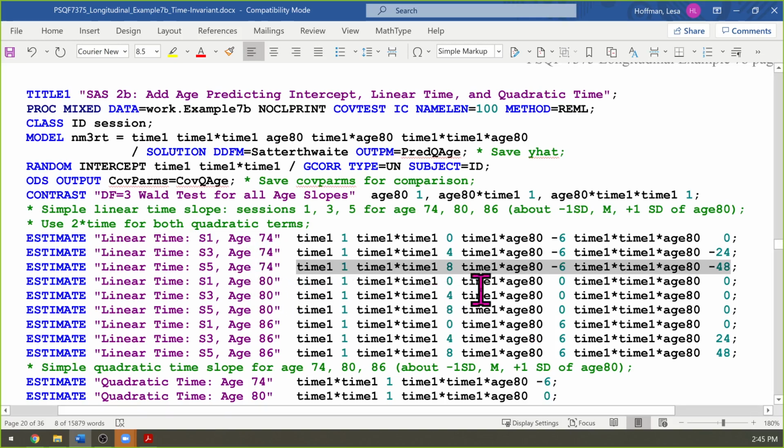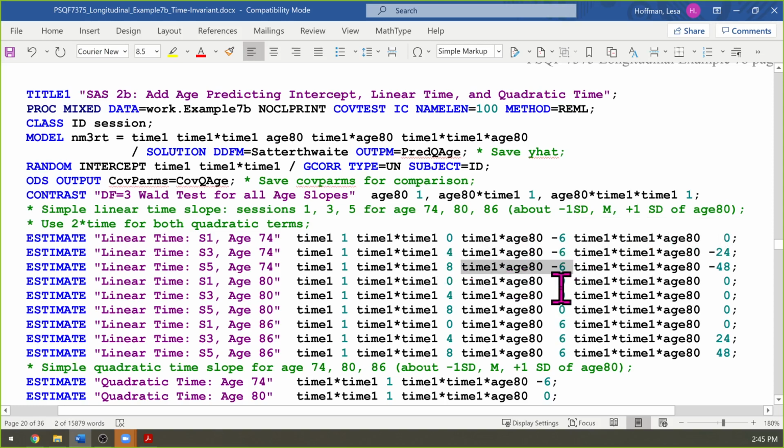So for age 74, I am filling in a -6 for age 80. Age is centered at 80, so if I want it for age 74, I fill in a -6. So this term stays constant throughout the 3 lines because this term only reflects how the linear slope is moderated by age.